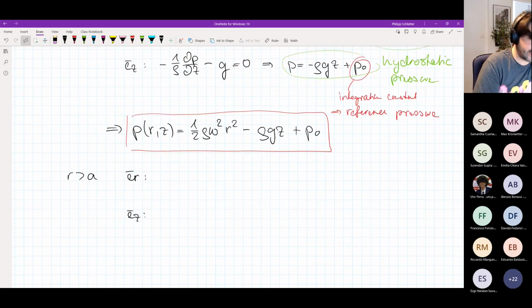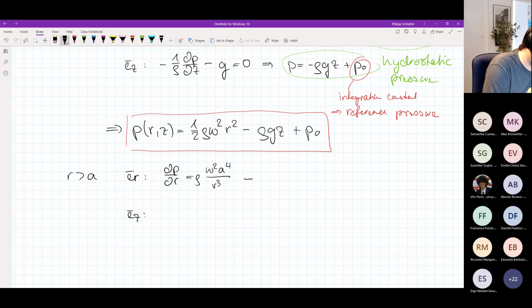So in the e_r direction, again, I have the same expression for dP dr, which is then rho times omega squared A to the 4 divided by R to the 3.